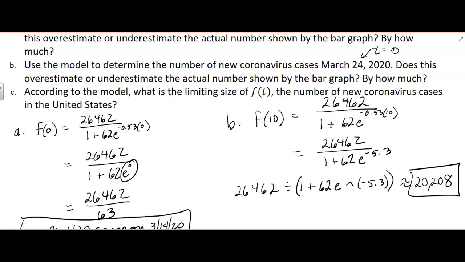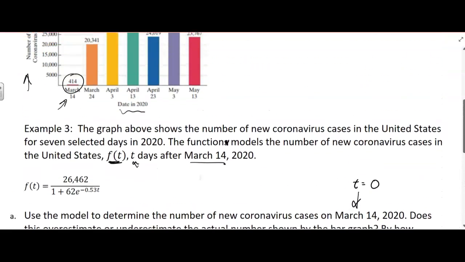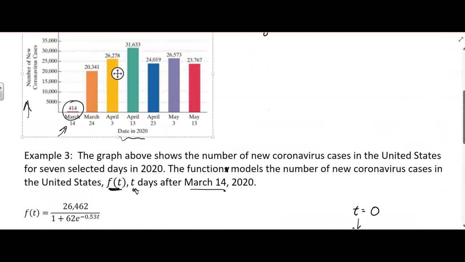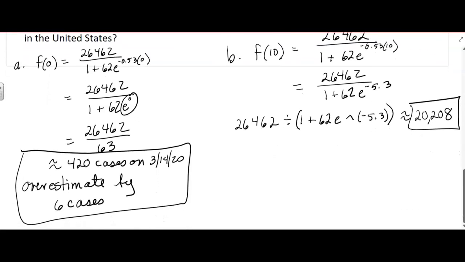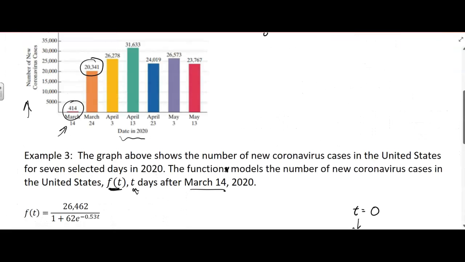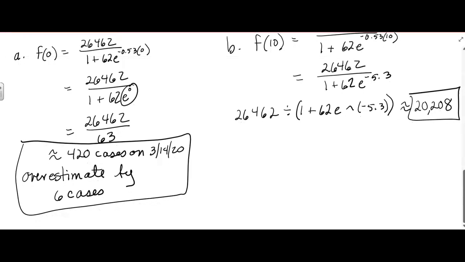Then they want to know if it's an overestimate or underestimate, and by how much. So I have to go to the chart to find March 24th. Sorry about that, bouncing all over. The actual number was 20,341.